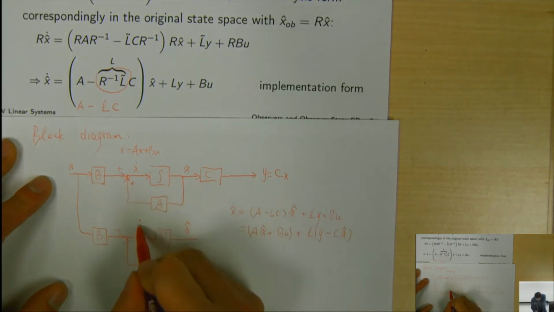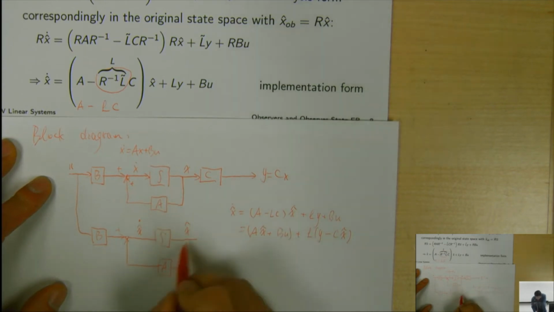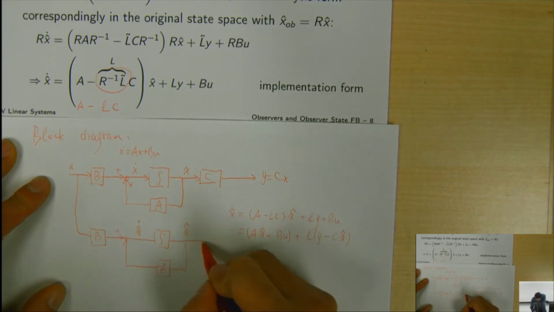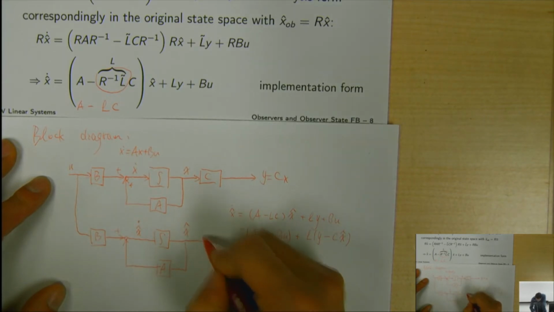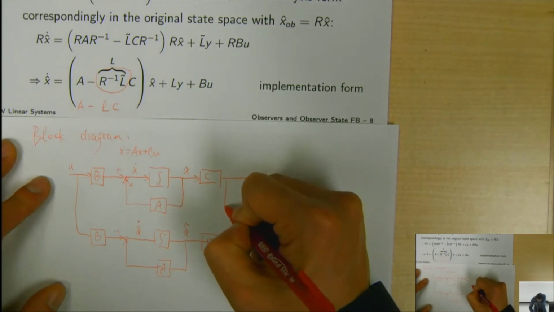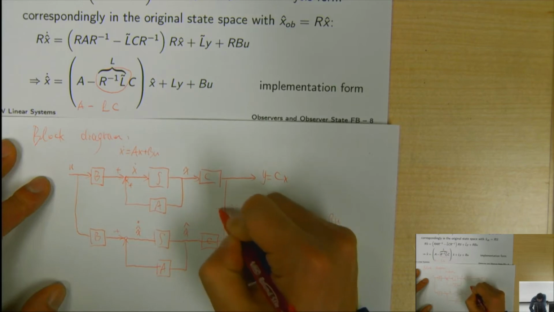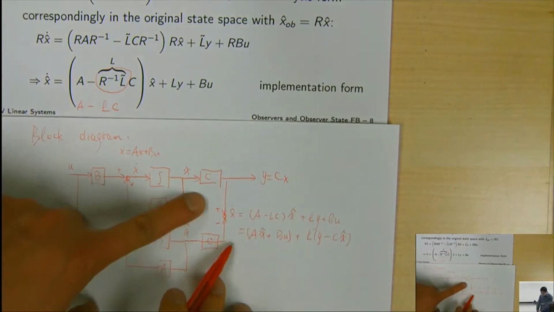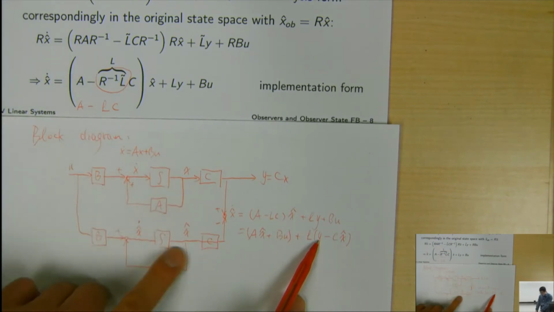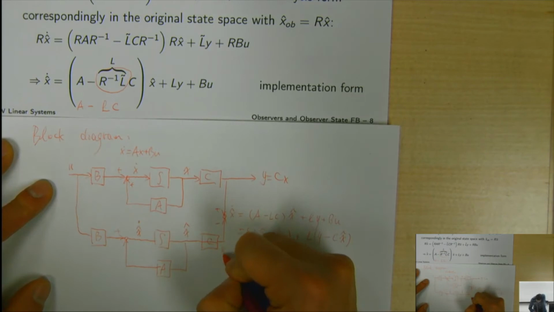So x hat dot is A x hat plus Bu plus this correction term. We have x hat dot here, so it's A x hat here plus Bu, and then plus the difference between this actual output y and C times x hat, the estimated output y hat.